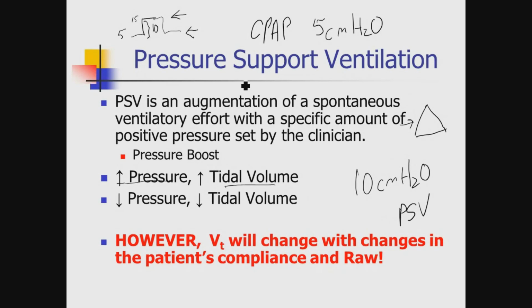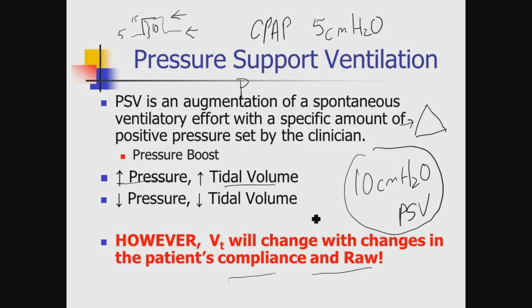Pressure support is a pressure-based breath. What does that mean? Volume and flow are variables. They're going to change when the compliance and the resistance change. So I put Stacy on 10 of pressure support ventilation.